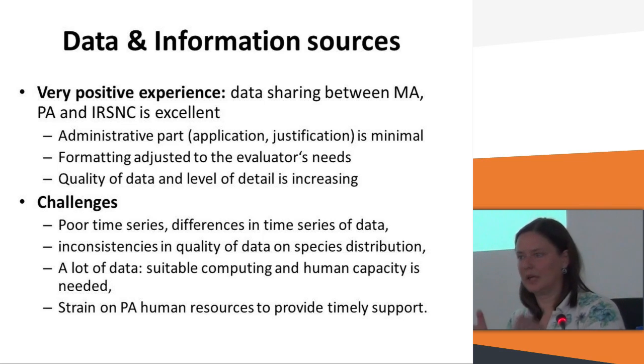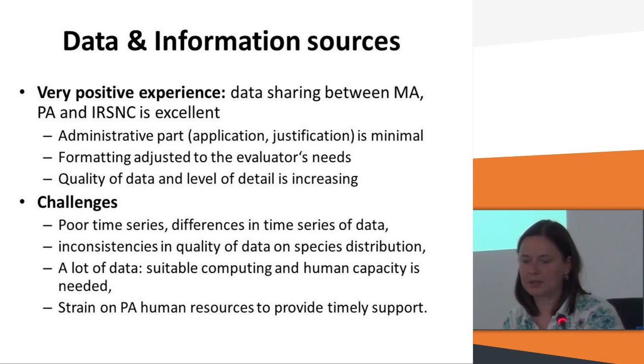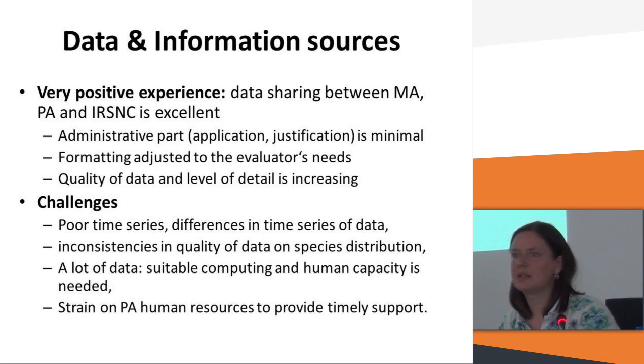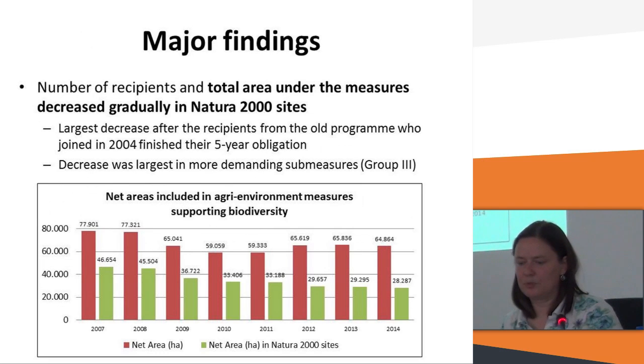The only bottleneck was the human resources, where the people in the authorities had to dedicate time to extract the data for us. The challenges are that there are some inconsistencies in data, especially for nature biodiversity monitoring. There's a lot of data. You can imagine that once you put this in GIS, it just goes zip, zip, zip for 4 or 5 hours. And this is quite time consuming, and you have to have good skills as well.